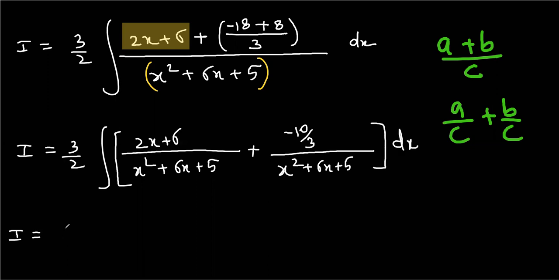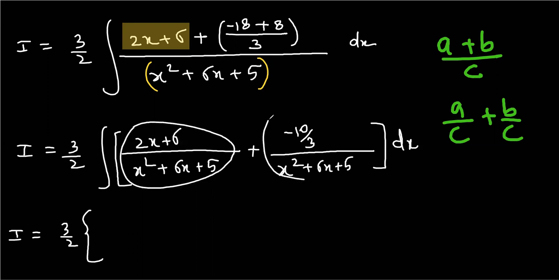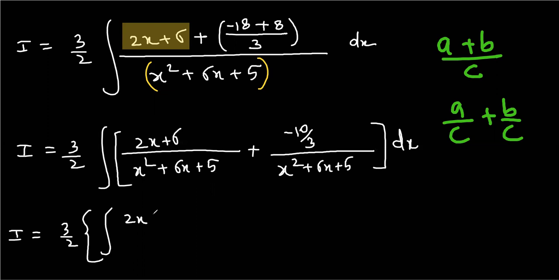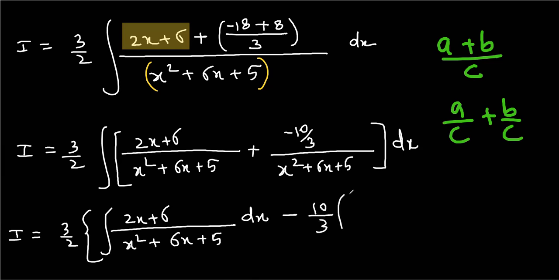What are you going to get next? You will get 3 by 2. And now I write separate integrals, one for this term and one for this term. See what I get: the integral of 2x plus 6 upon x square plus 6x plus 5 dx, minus, since this plus and this minus will be negative, I get 10 upon 3 outside because it's a constant.